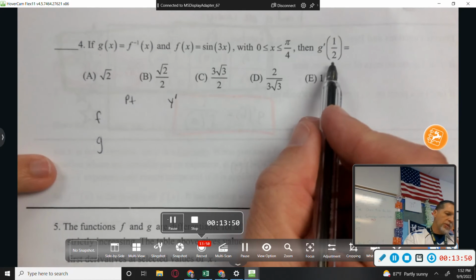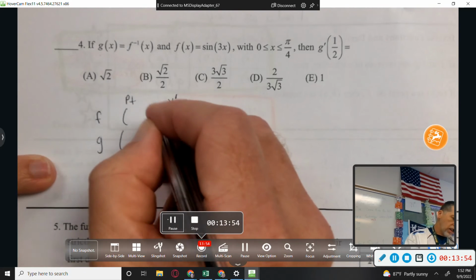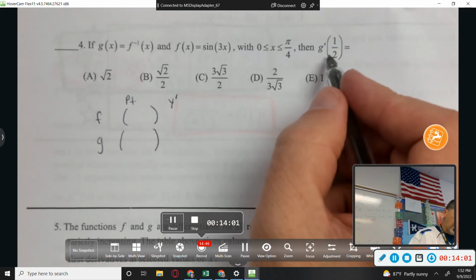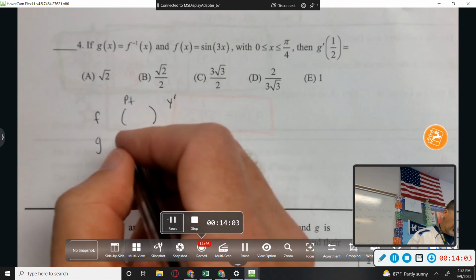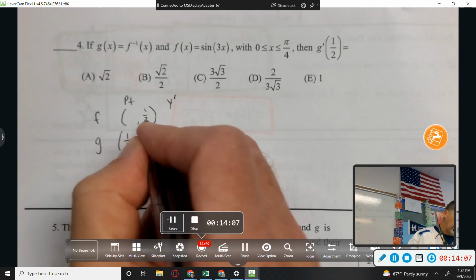I want the derivative at 1/2. So again, where does the 1/2 go? G's x. Yeah, it's the x value for G, which means it's the y value for F.